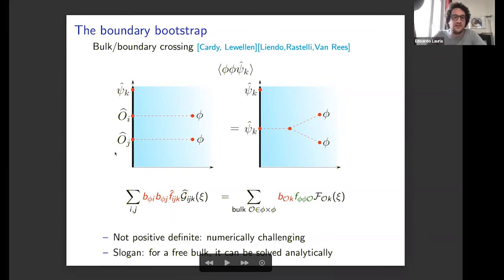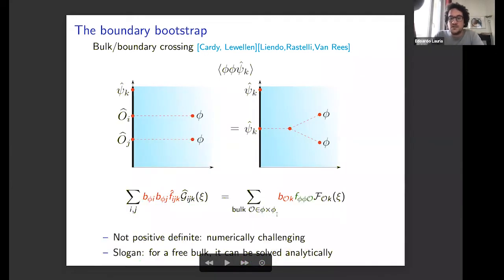These are conformal three-point functions, and as such they are characterized by some coefficient called F_ijk. So I find an infinite sum over all the possible exchanged boundary modes in these OPEs. This bulk-boundary expansion is controlled by bulk-boundary OPE coefficients, these B_phi,i and B_phi,j. These coefficients weight the sum, and the rest is some kinematical function called the conformal block, which is completely fixed by the symmetry and is computable.